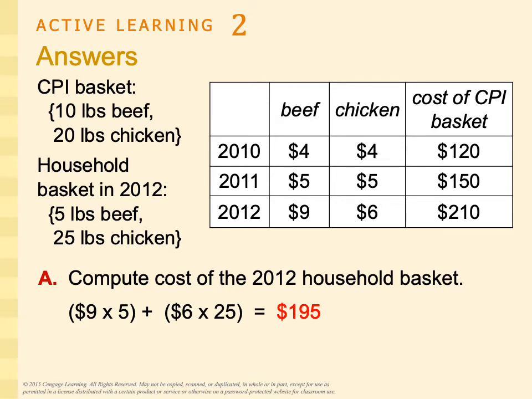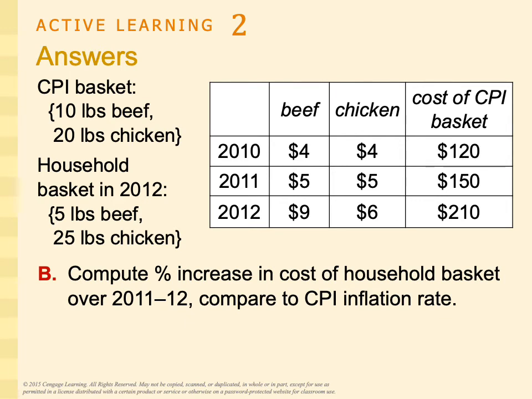The CPI basket cost $210, but the modified basket, the substituted basket, only costs $195. So if consumers do this and we don't calculate the actual basket that they purchased, but we use previous year's CPI baskets, we're kind of overstating the cost of living, essentially, right? Because consumers are intelligent and can manipulate their consumption to save money.